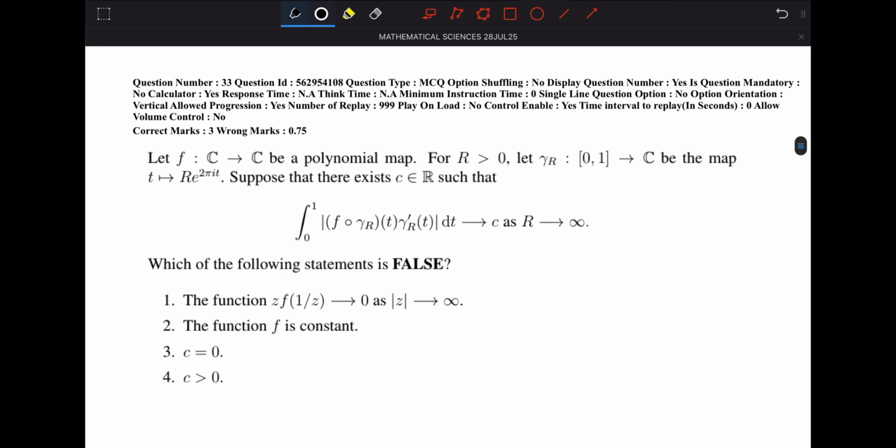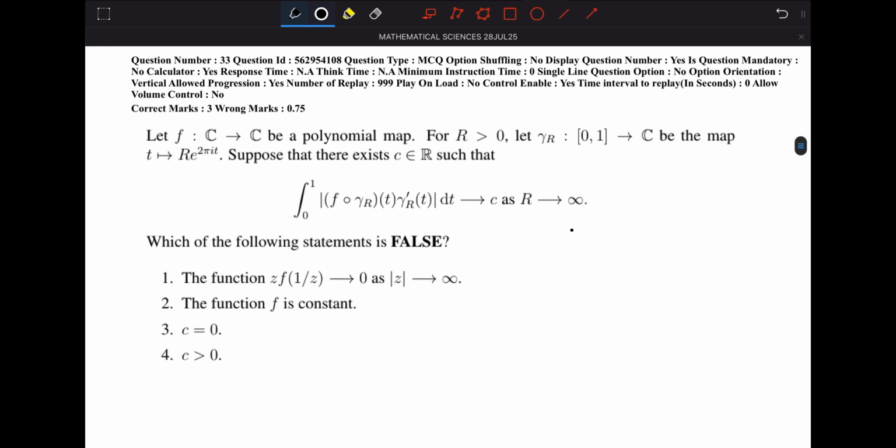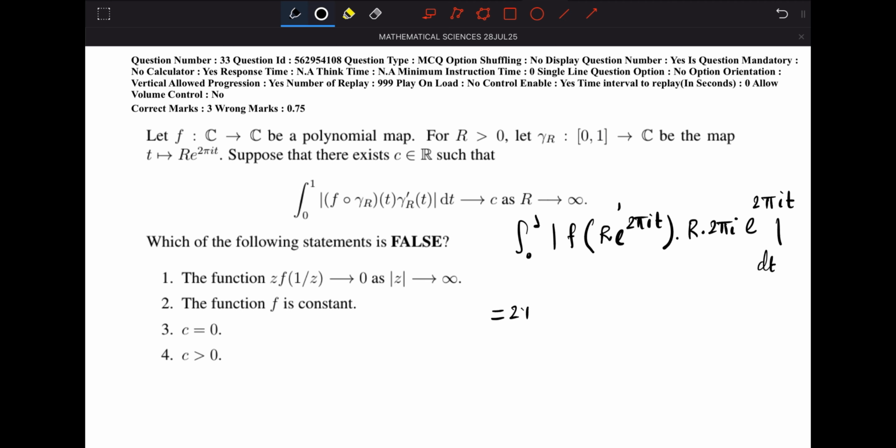Okay, so just calculate the integral. With 2πit, γ prime is r times 2πi e to the power 2πit, mod dt, which is 2πr times the integral from 0 to 1 of mod of e to the power 2πit, which is 1.